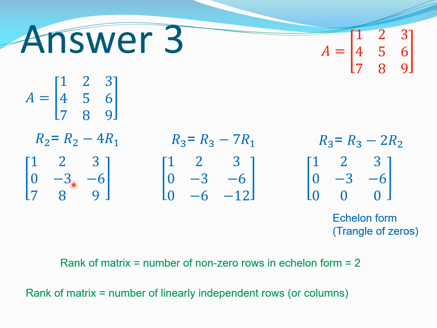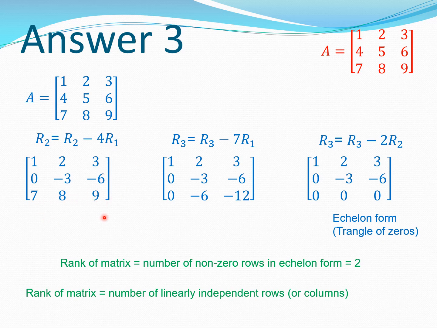And the result on these terms is going to be 5 minus 4 into 2, that is 5 minus 8, and that gives me minus 3. Then I get here 6 minus 4 into 3, that is 6 minus 12, and that gives me minus 6 here. And here again I get 7, 8, 9, which was there before.